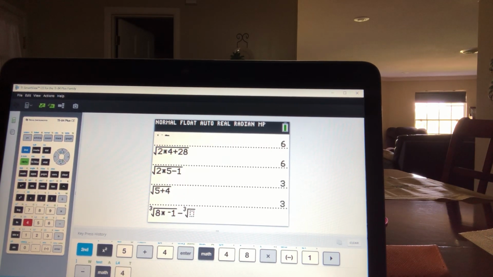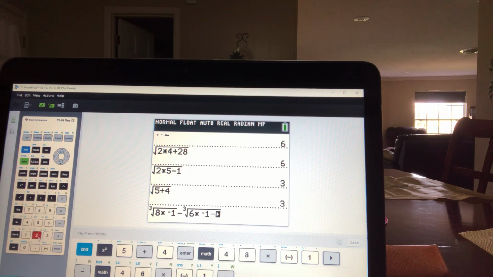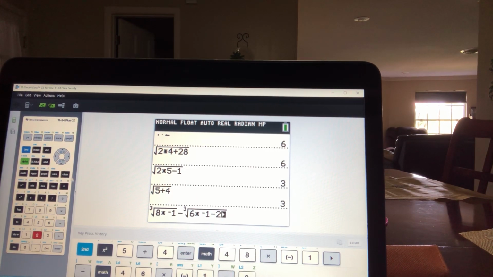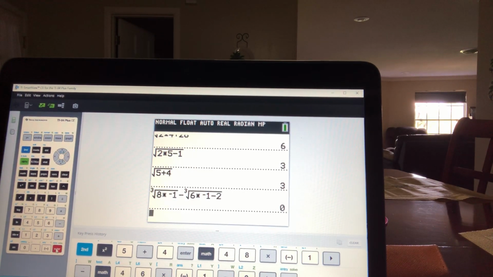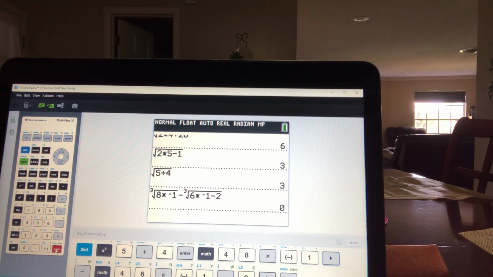And we'd have 6 times -1 minus 2. And out of the radical with the right arrow, or some of you close parentheses and then enter. So notice that it gives you 0, which is what it should have been in the problem. So that one works. So the final answer for number 7 is -1.